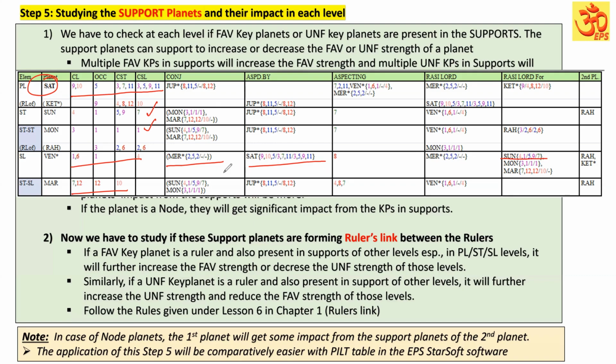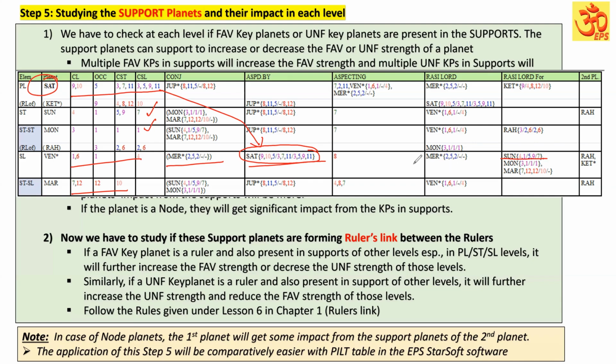So Lagna Lord Venus's favorable strength is increased by the supports. Now you can see that Saturn, which is giving support to the Venus, is itself ruling the source planet. It means the planet is Saturn, and the sublord is having some weakness. That weakness is being reduced by the conjoined planet, the aspecting planet and Rasi Lord.